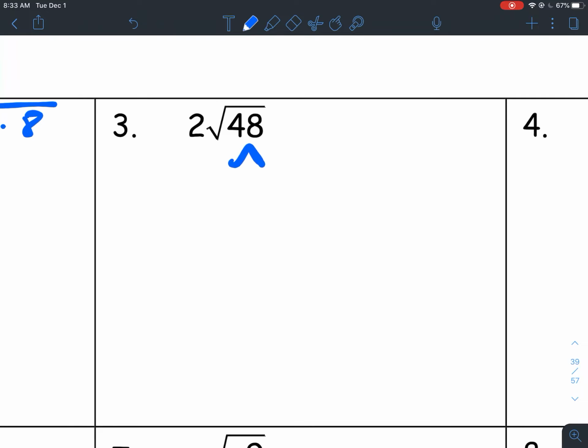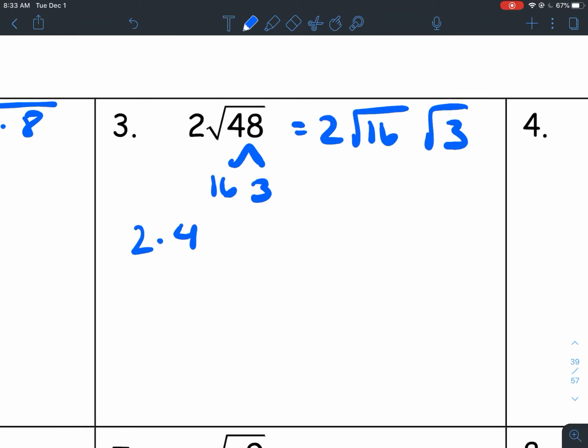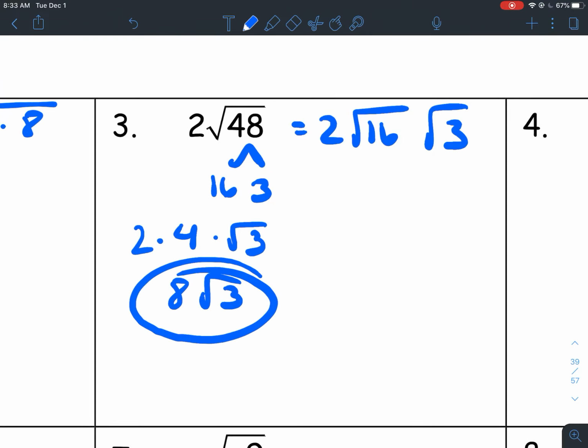We're going to want to break that down into 16 and 3. So we've got 2 times root 16 times root 3. Well, root 16 is equal to 4, right? So we've got 2 times 4 times root 3, 8 root 3. This should look familiar.